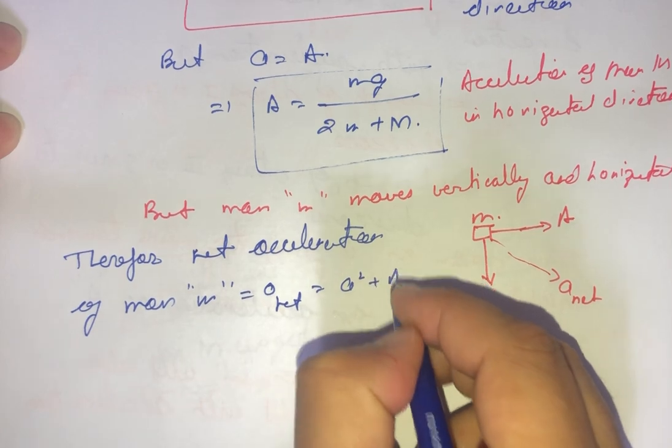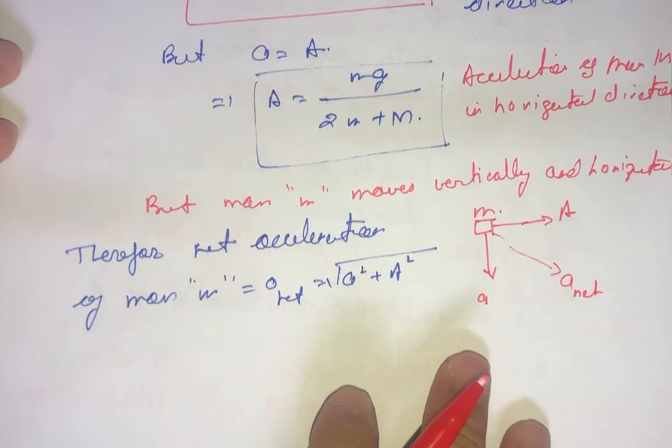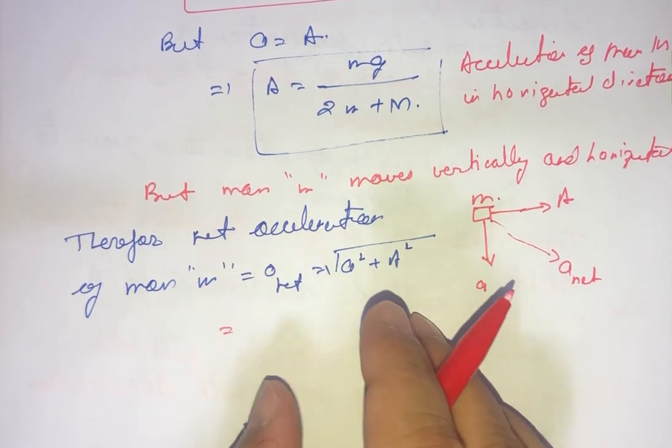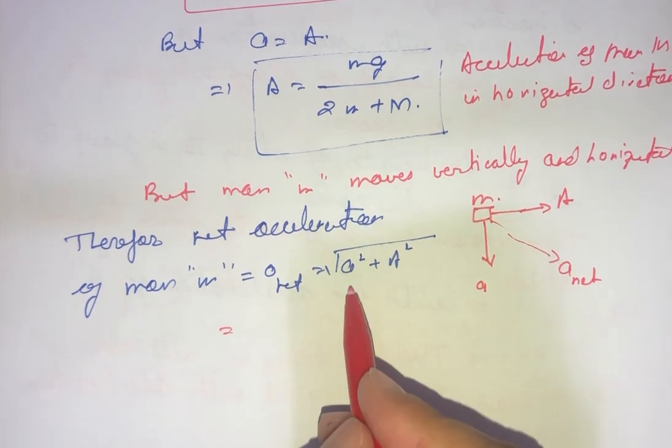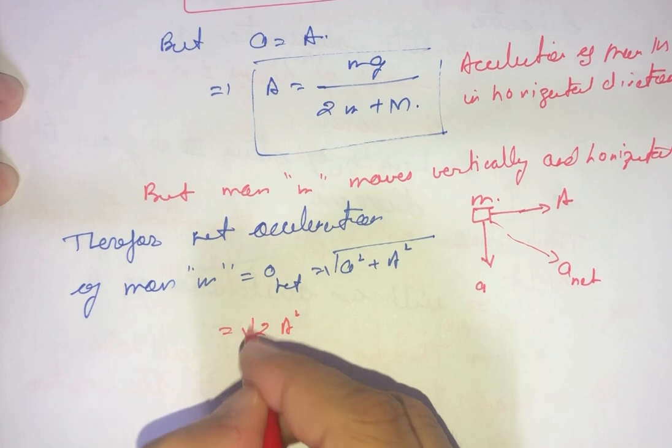will be equal to a square plus capital A square and its square root, and we can simply substitute the value. So we are going to get this as, if you put a is equal to this, so this will be 2A square its square root.